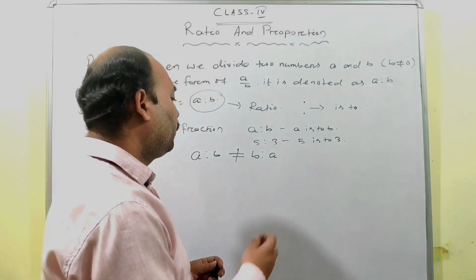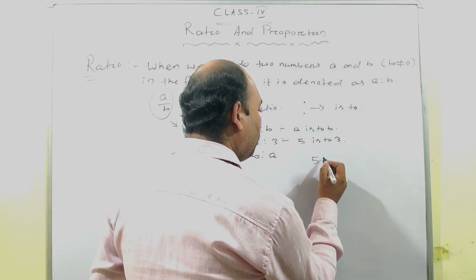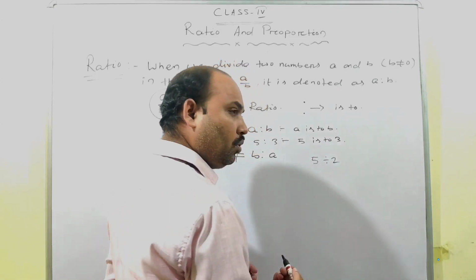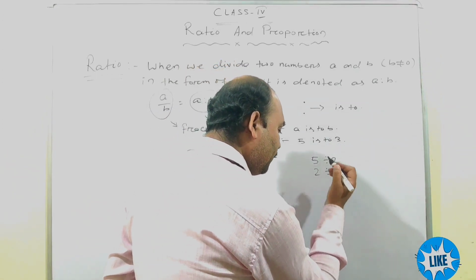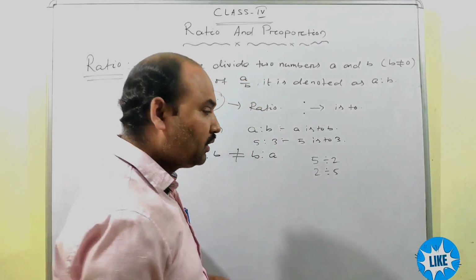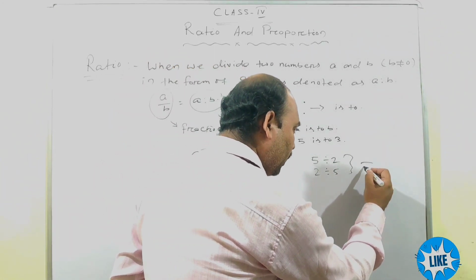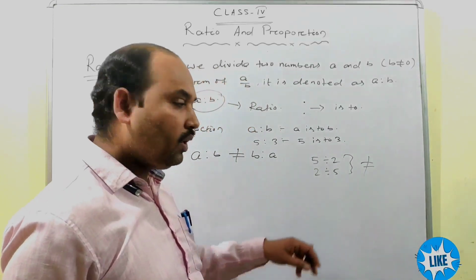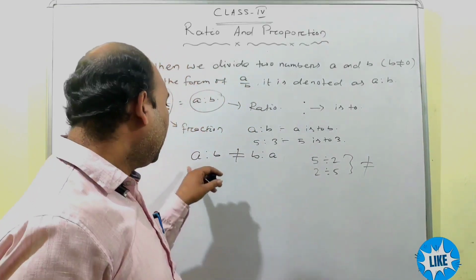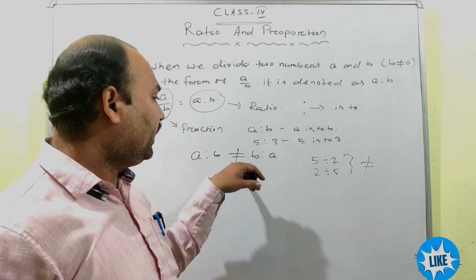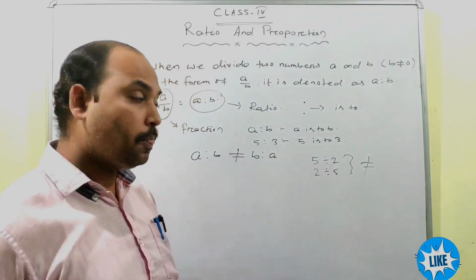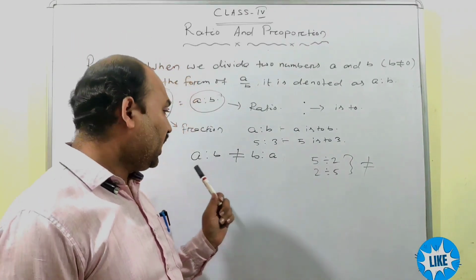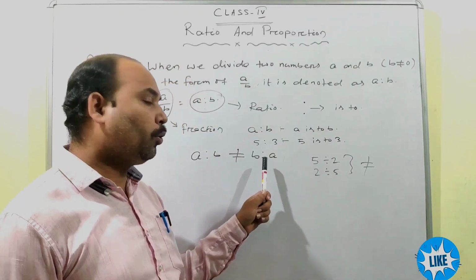Like when you divide 5 by 2, you will not get the same number as 2 divided by 5. These two numbers are not equal. The same process applies here: A is to B is not equal to B is to A.